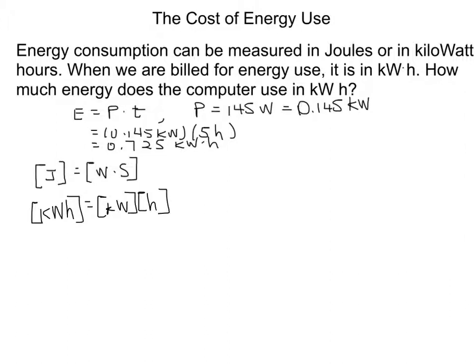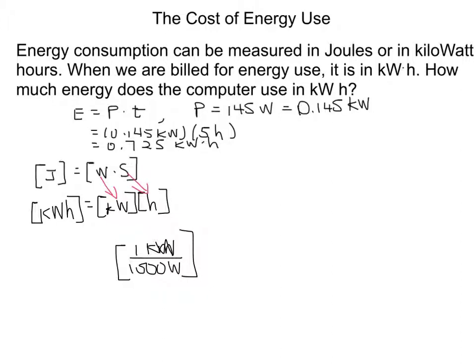So in order to go from a conversion from joules to kilowatt hours, what I'm essentially doing is converting from watts to kilowatts. So I'm going from here to here, and then from seconds to hours. So if I wanted to convert from watts to kilowatts, then I need to do my conversion factor as 1 kilowatt over 1,000 watts, right?